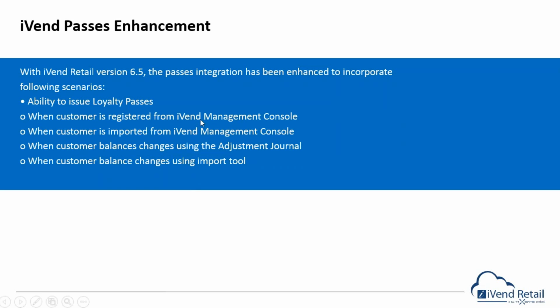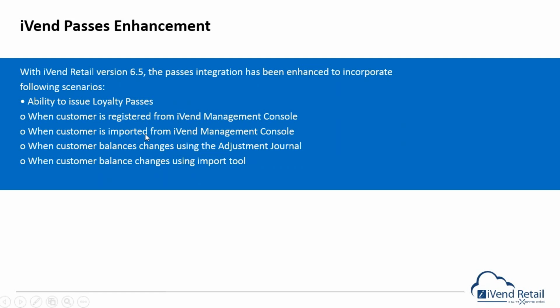Then, when a customer registers from the iVend management console. Earlier, whenever a customer registered from the iVend POS, only then did we have a feature that triggered the loyalty pass to that customer. But now, whenever a customer is registered from the management console also, he should be getting a pass, correct?